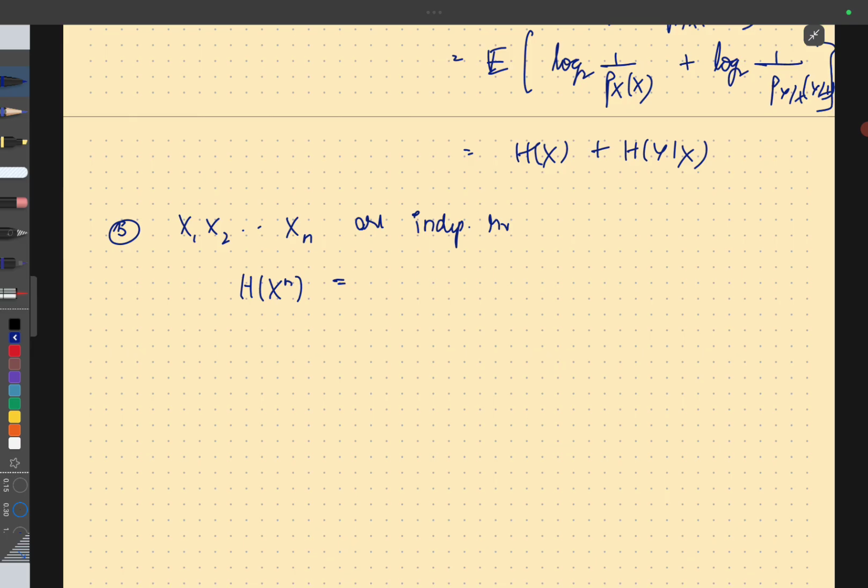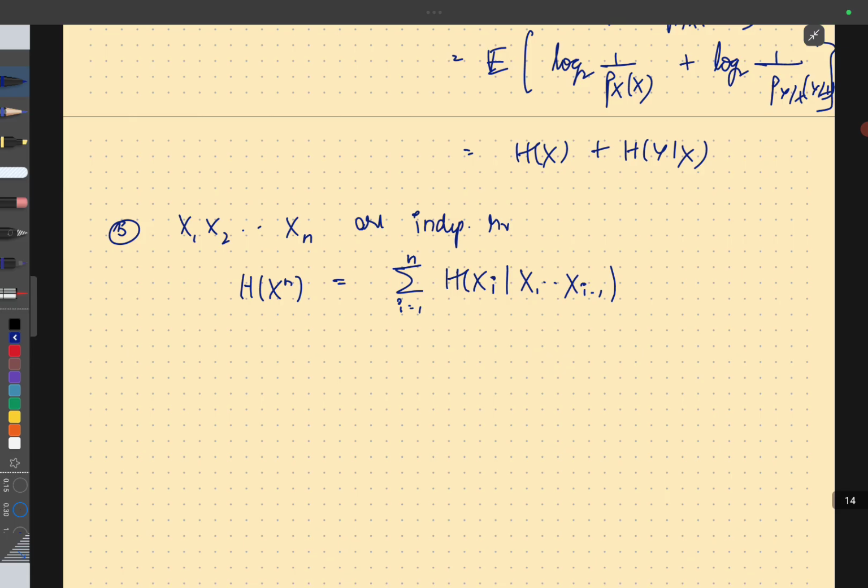Correct. If you just apply the chain rule, then you would get that this is equal to the summation from i equal to 1 to n of H of Xi given X1 up to Xi minus 1. But if the random variables are independent, then P of Xi given X1 through Xi minus 1 is equal to P of Xi.